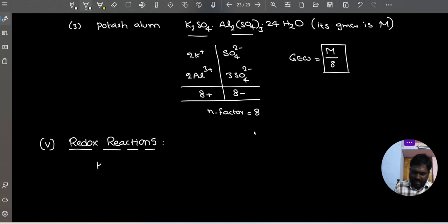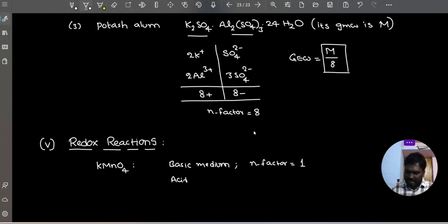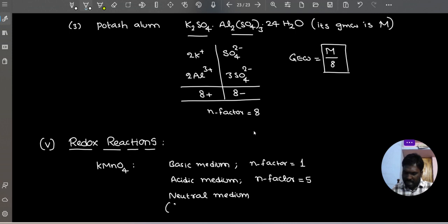Here normally I am giving the case of KMnO4. This is the best oxidizing agent. For KMnO4: basic medium, n factor 1; acidic medium, n factor 5; neutral medium or faintly alkaline medium, n factor 3.